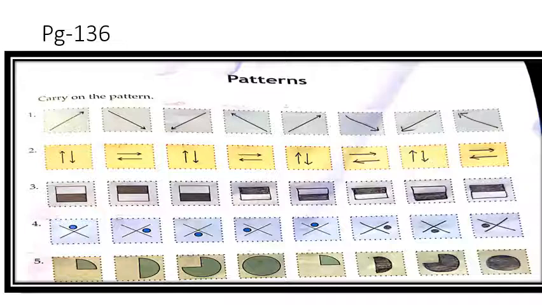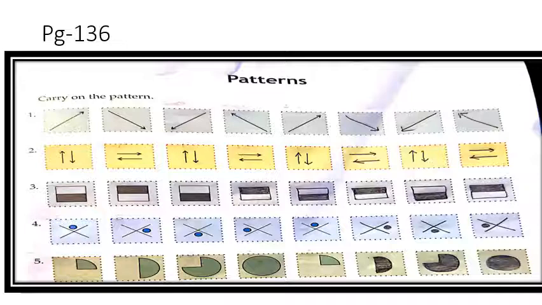Here you will see that this circle is at the first part. Now it is moving to the second part. Now in the third box it is moving to the third part. In the fourth box you will see that the circle is in the fourth part.